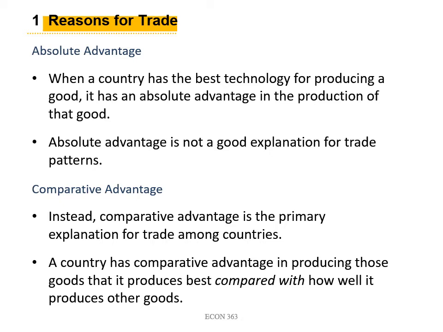Trade patterns are explained by comparative advantage. Comparative advantage is reflected in the trade-off between producing units of one kind of good versus a different kind of good. And that's quite different from the concept of absolute advantage.